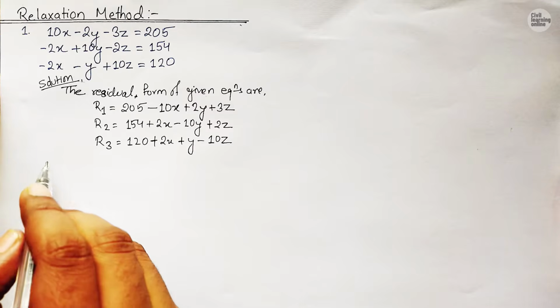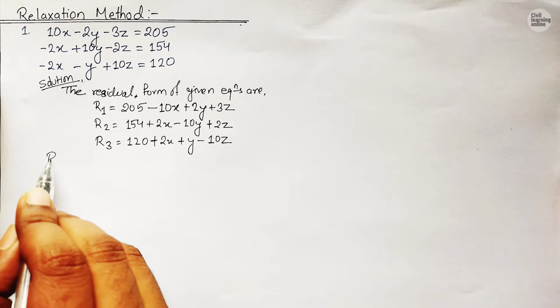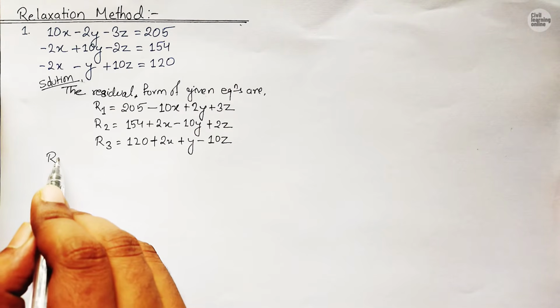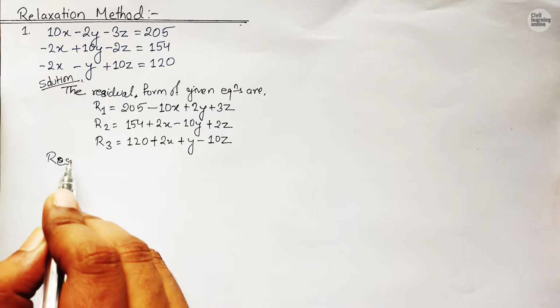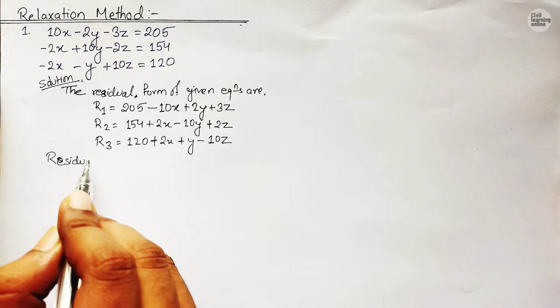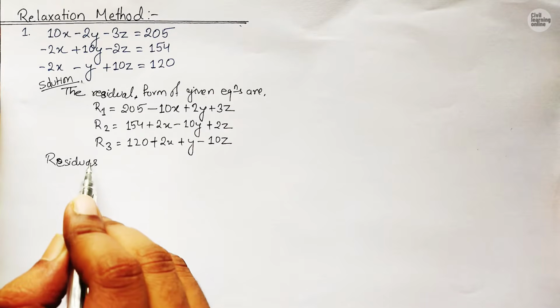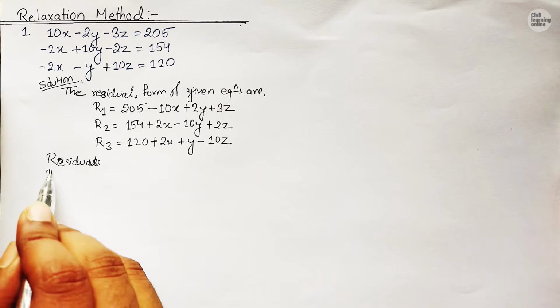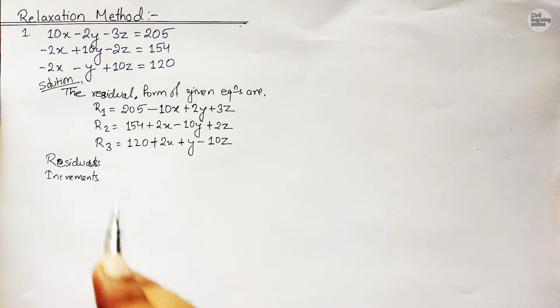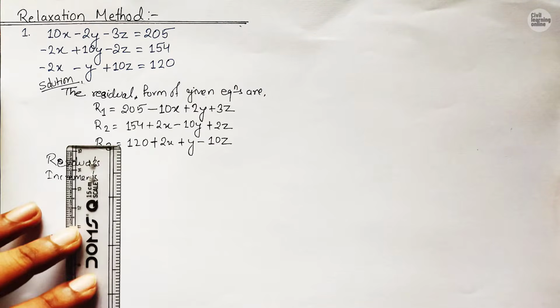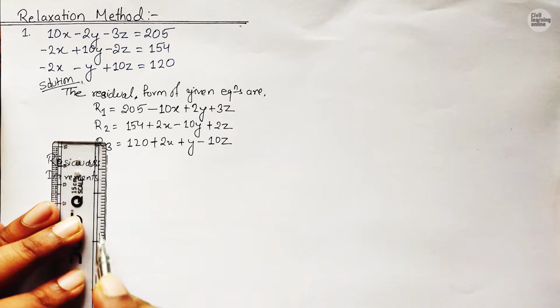Now we will draw a table, and in the table we will write down the coefficients so that we will use them to find the residuals and increments. So we will write residuals and increments. So we need to draw 3 columns and 3 rows.